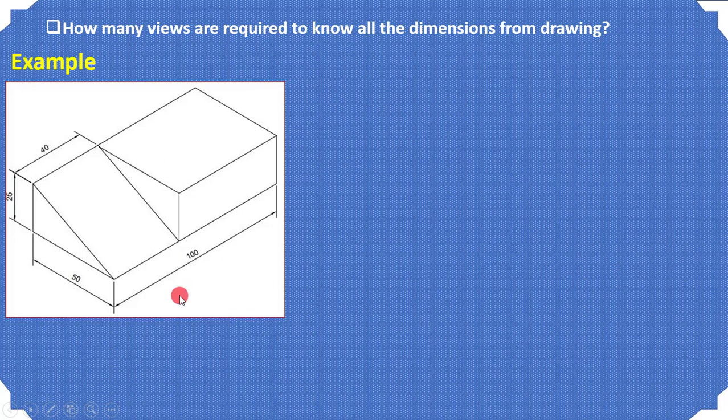This object's overall dimensions are: length is 100, width is 50, height is 25. It has surfaces; we will focus on the main surface A, surface B, and surface C.